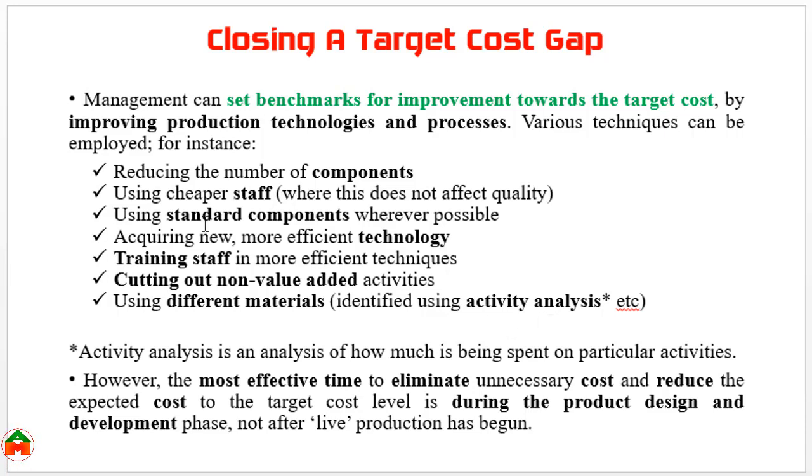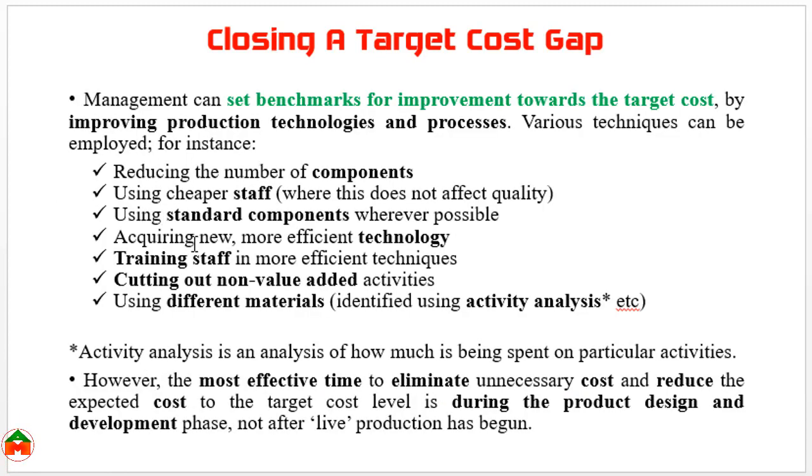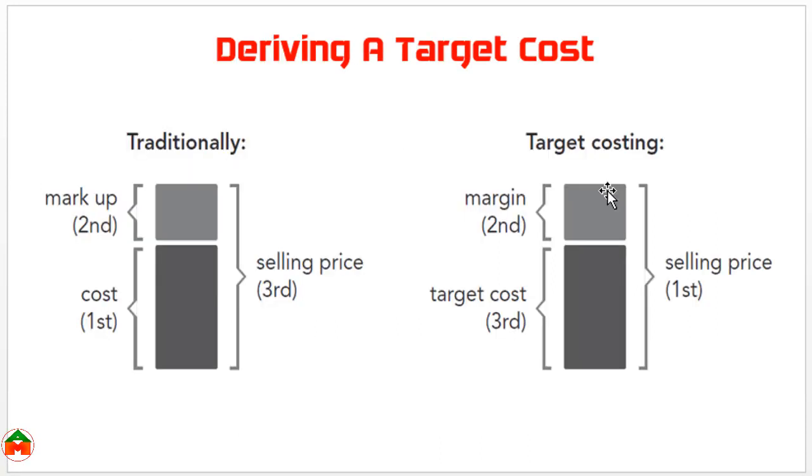However, these are the ways we can utilize for reducing the cost to achieve the target cost. If there is a target cost gap, we need to investigate ways. We can see these are the ways by which we can reduce the cost to achieve the target cost. That's why target costing is an important issue to achieve the required profit at the available selling price.